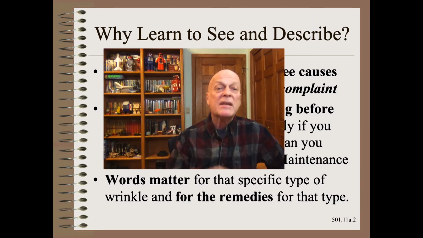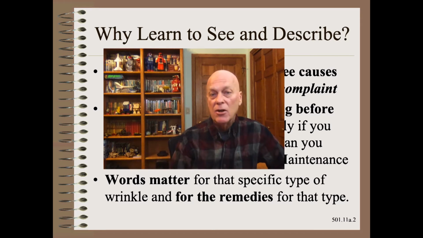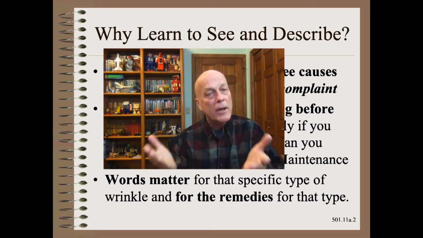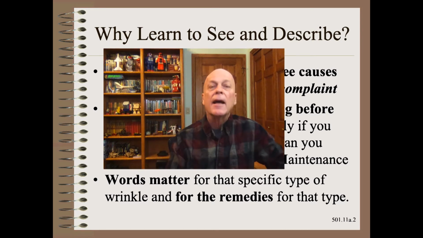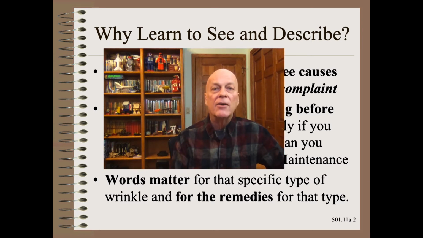With each specific type of wrinkle, we have a specific and often quite unique remedy list. In short, a wrinkle is not a wrinkle, is not a wrinkle, and neither are the corresponding remedies.